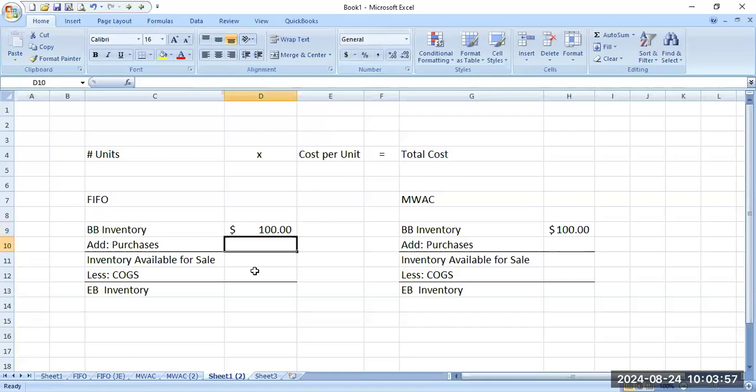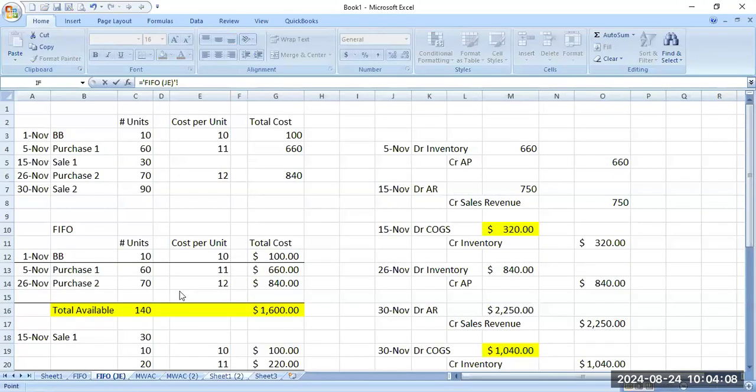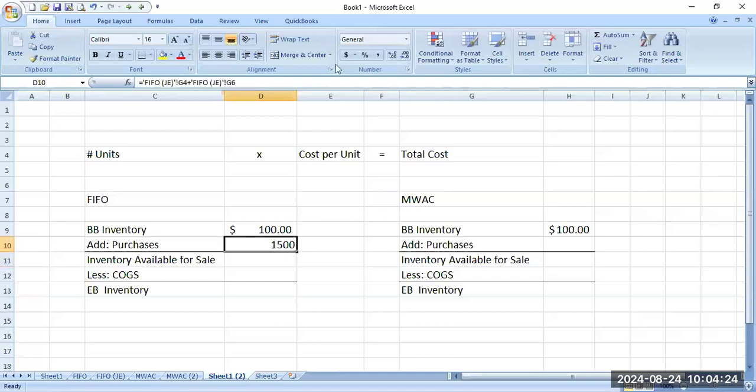Then we're going to have the total purchases. The total purchases in both systems are the same. That's something that I want you to realize. Under both systems, the purchases are exactly the same. We're purchasing 660 plus 840 under the first in, first out, for a total of $1,500.